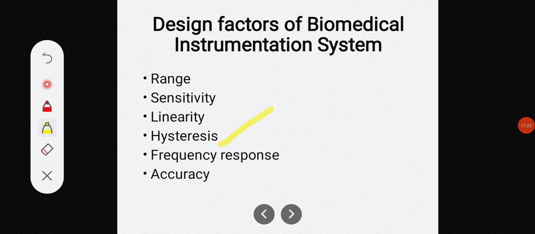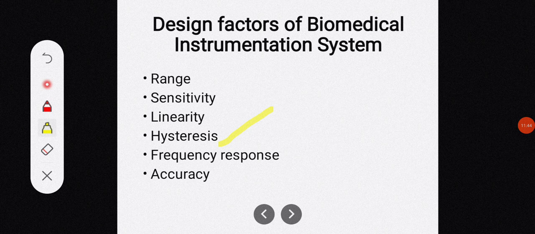So, what is hysteresis? It is the variation in the output reading of the biomedical instrument for the same value of input. That is, for the same value of input you are getting two different readings at the output of the system.